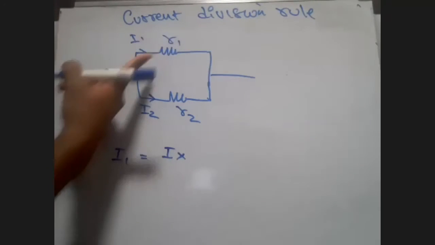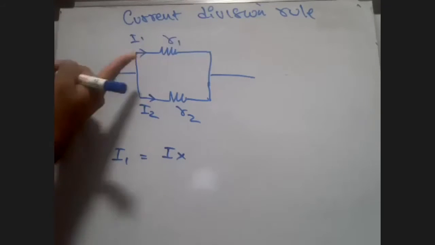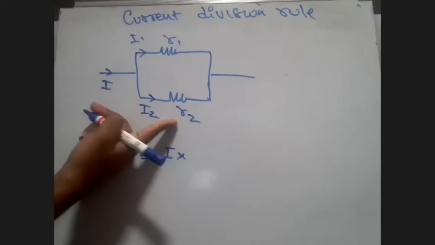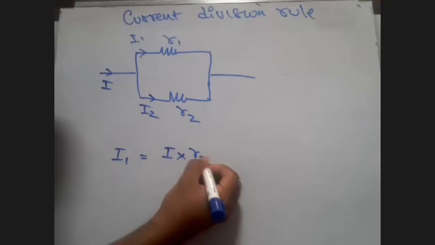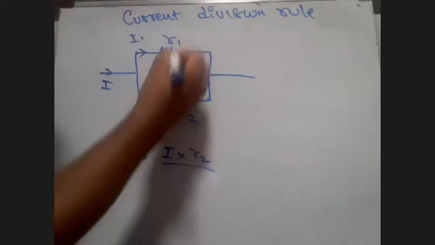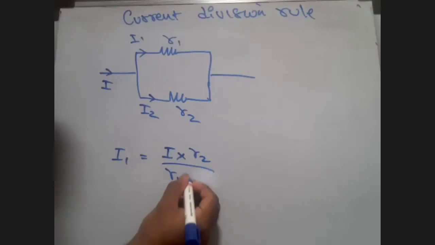I1 is the current you are considering, so you look at the resistor opposite to it, that is R2, upon the total resistance, that is R1 plus R2.